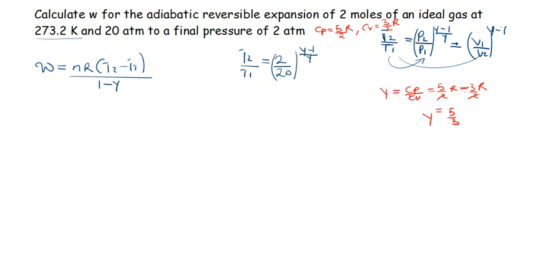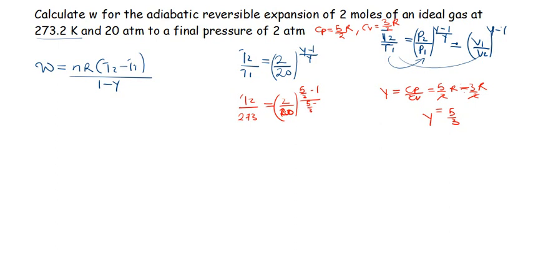Is that clear? So now I'll substitute. What is it that I'm lacking? I have T2, and T1 I already have as 273, so 273 is equal to 2 over 20, by the way, then we have gamma, which is 5 over 3, minus 1 over 5 over 3.